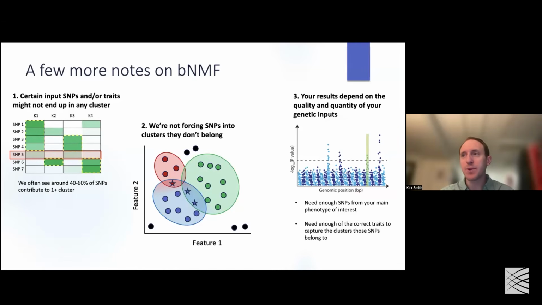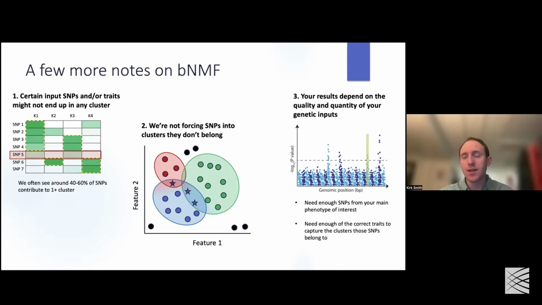So say there's a SNP associated with your disease that doesn't end up in any of the clusters. This maybe is disappointing at first, but in reality, it could be very informative because it tells you that that SNP is not acting through a mechanism that's captured by the traits you're using.